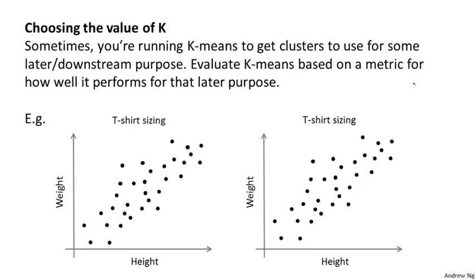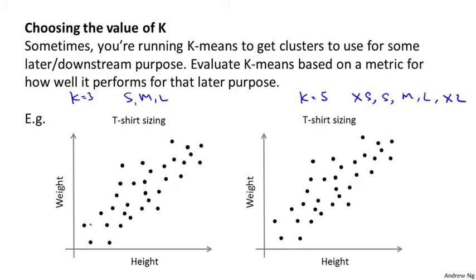Let's say we go through the t-shirt sizing example again, and I'm trying to decide, do I want 3 t-shirt sizes? So if I choose k equals 3, then I might have small, medium, and large t-shirts. Or maybe I want to choose k equals 5, and then I might have extra small, small, medium, large, and extra large t-shirt sizes. So you can have 3 t-shirt sizes or 5 t-shirt sizes. We could also have 4 t-shirt sizes, but I'm just showing 3 and 5 to simplify this slide for now.